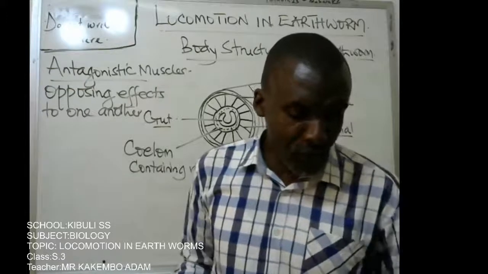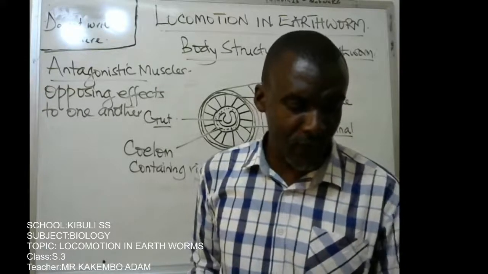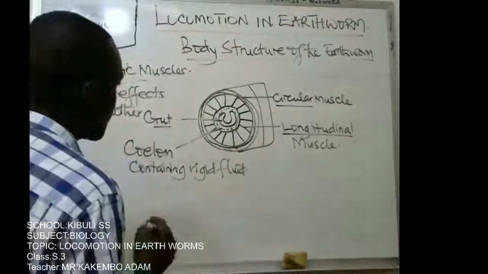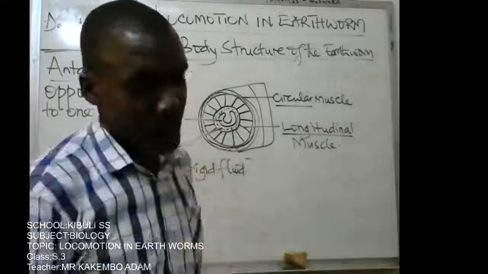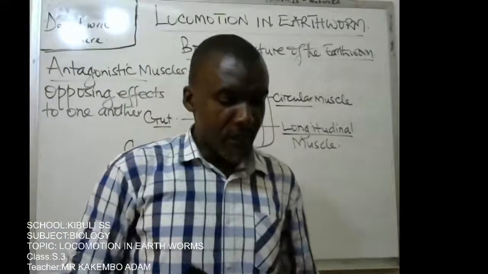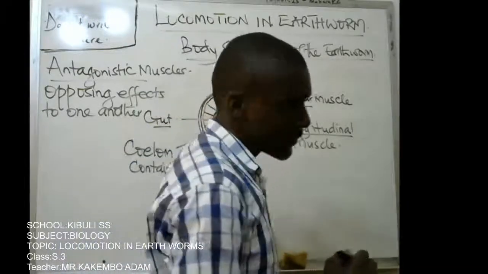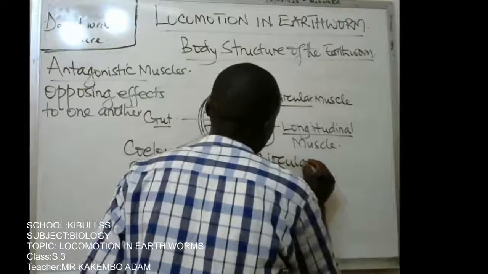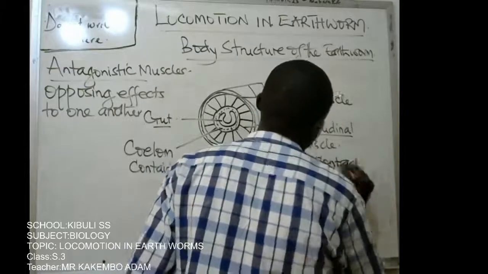Now, locomotion in an earthworm is brought about by a set of those two muscles we have said, which work antagonistically. Now, I want us to move straight to how the body of an earthworm is moved. When the body is to be moved, circular muscles contract.